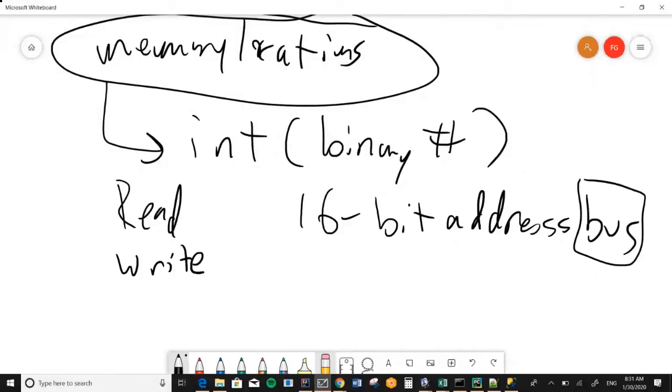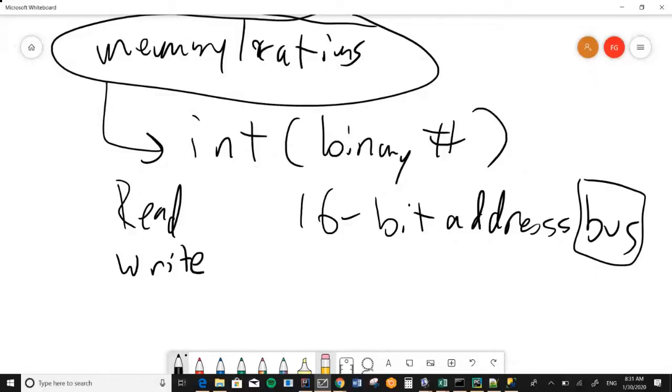We've gotten used to the term bus recently because we've experienced bus errors when wiring our circuits. A bus is just a collection of bits conveying information that's being transmitted.